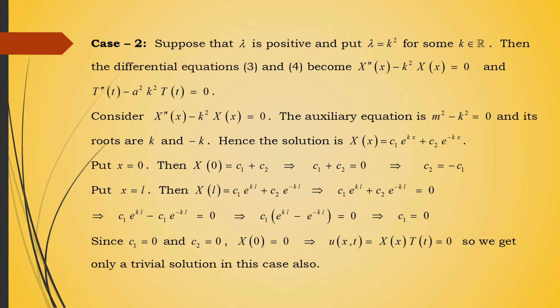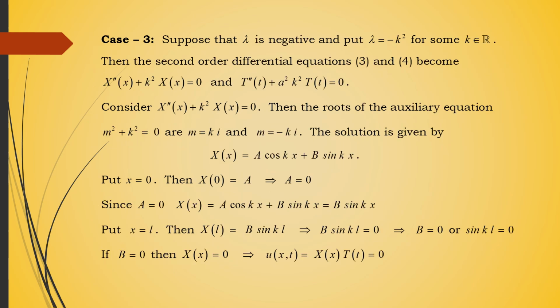We obtain u of x comma t equals 0, which is a trivial solution. So in this case also we obtained a trivial solution u of x comma t equals 0, which is not at all an interesting case. So we proceed with the next case.